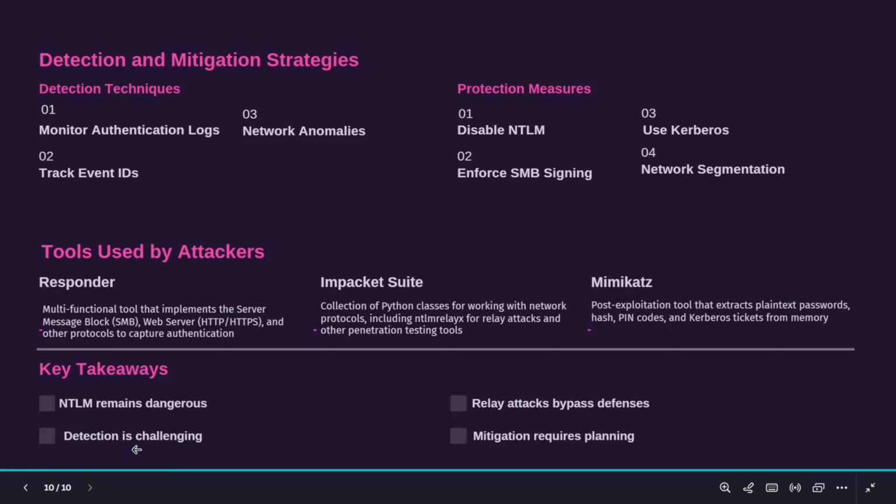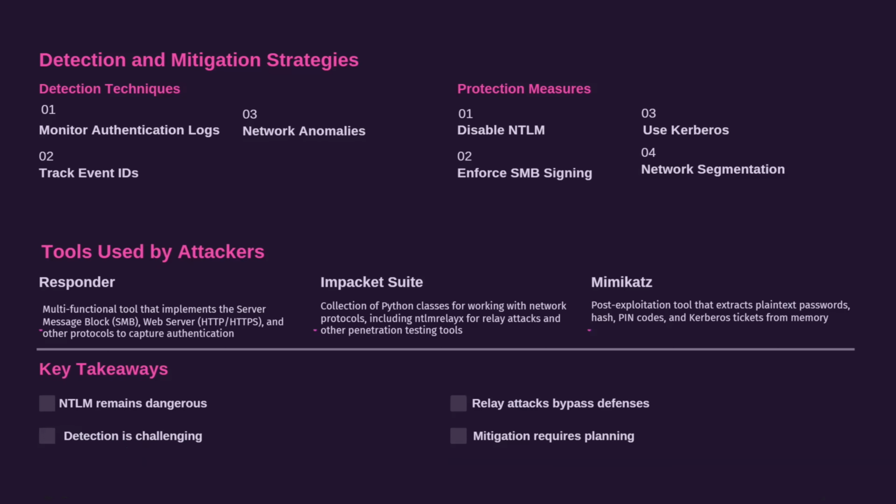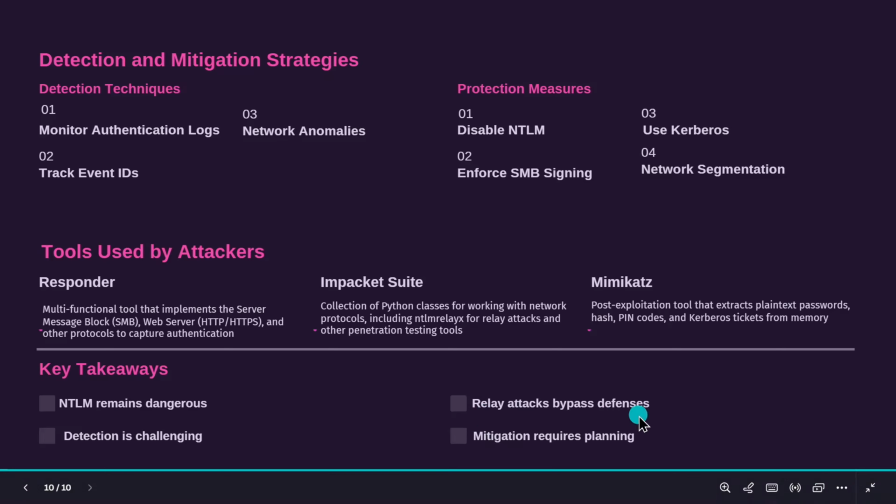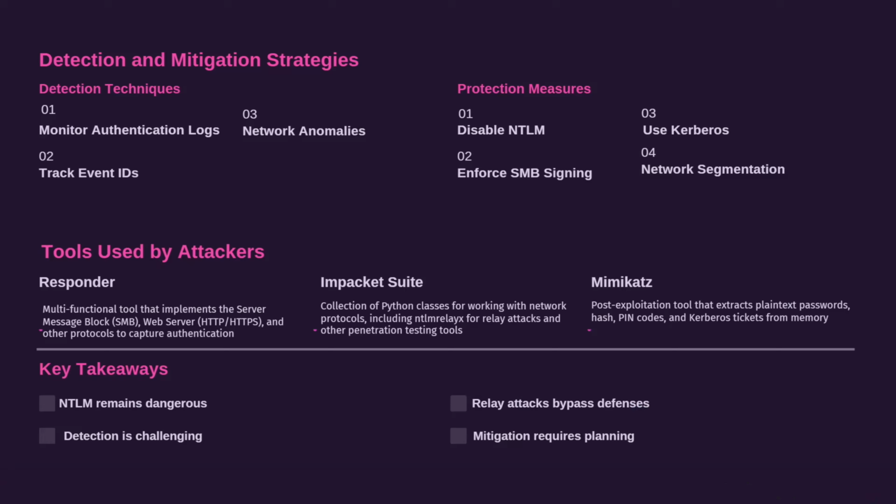Because of the man-in-the-middle attack, it is hard to detect when and from where an attack is going to happen. Third, relay attacks bypass defenses. If a firewall sees a connection from a system that has permission to be granted access, the attacker can bypass the firewall.